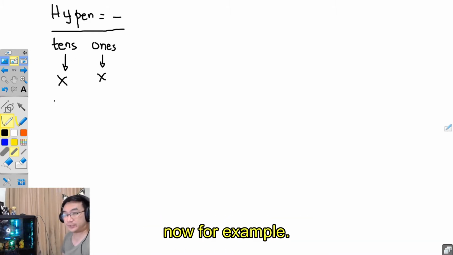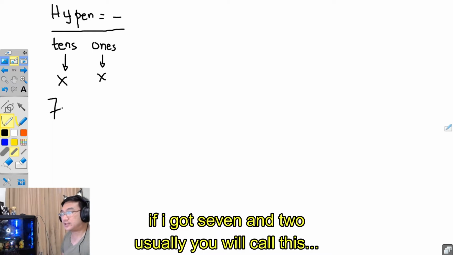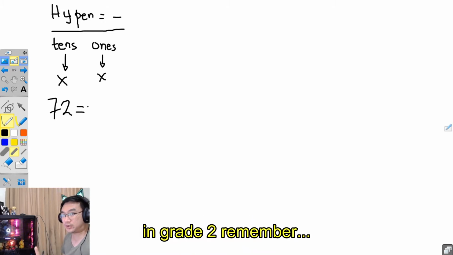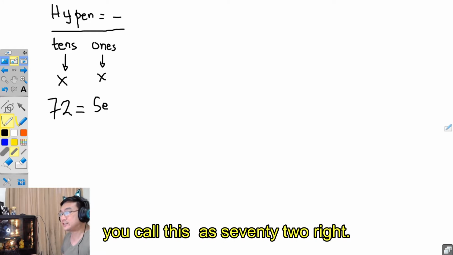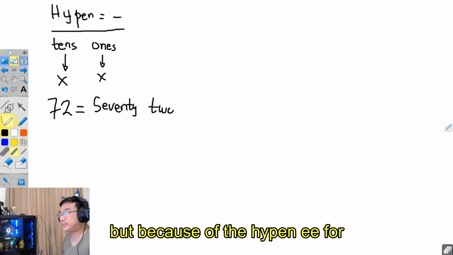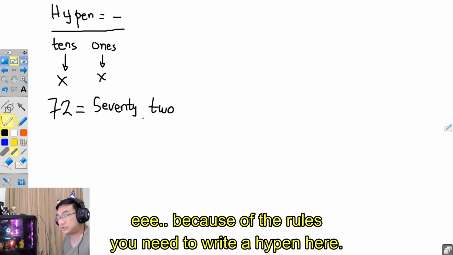Now for example, if I got 7 and 2, usually you will call this in grade 2, remember? You call this 72, right? But because of the rules, you need to write a hyphen here.